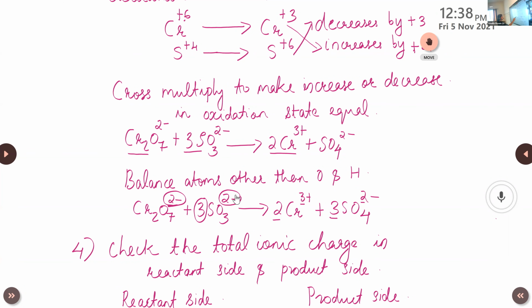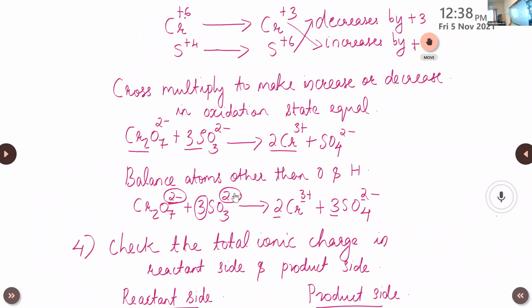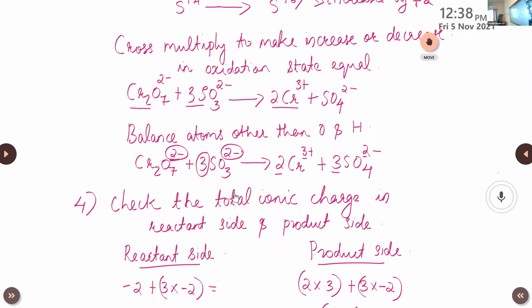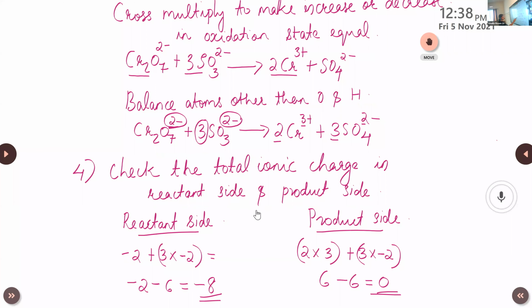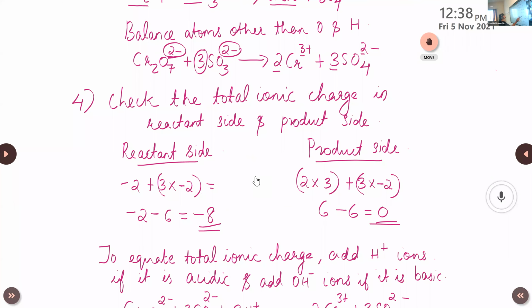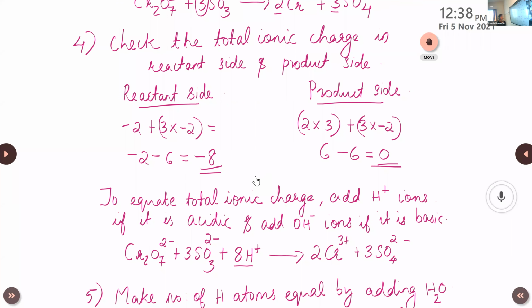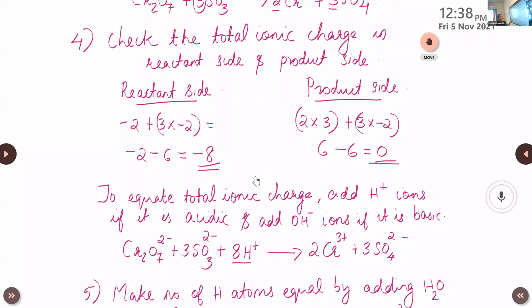Then in the fourth step, check the total ionic charge in the reactant side and in the product side. The reactant side is minus 8 and the product side is 0. So to make it neutral, we will add H plus ions to the reactant side. Here it is acidic solution, that's why we are using H plus ions. If the question gives a basic solution, you have to add OH minus ions.